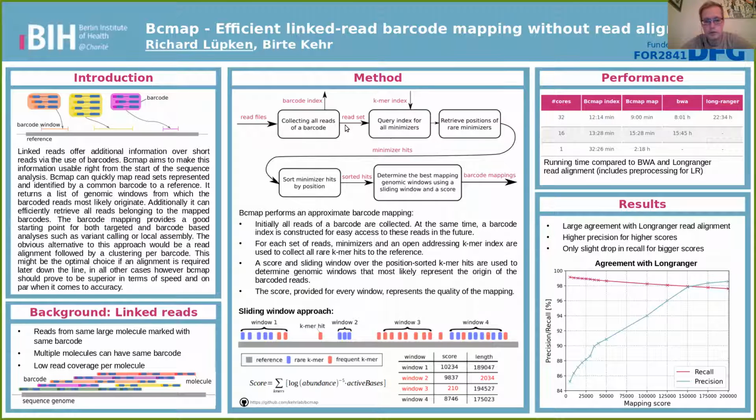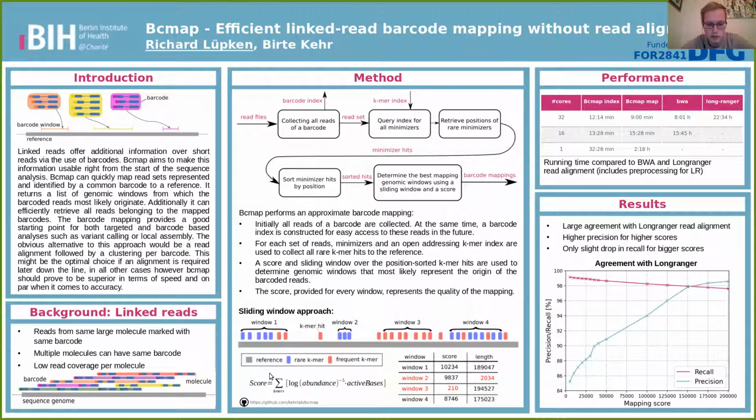What we do then for all reads of a barcode, we query all minimizers of those reads from the k-mer index, and then retrieve the positions on the reference for rare k-mers or minimizers, which do not appear too often on the reference. We sort these hits by their position, and then we use a sliding window approach and a quality score to determine the best mapping genomic windows.